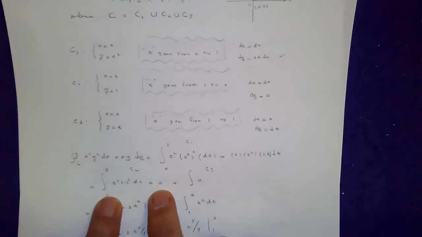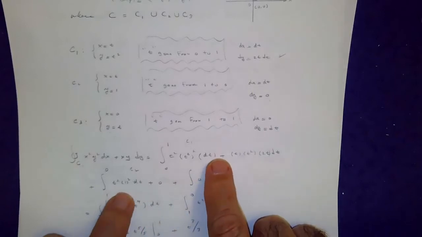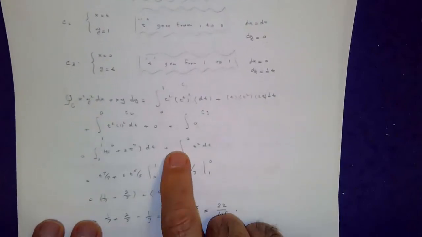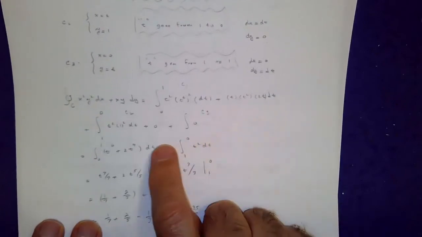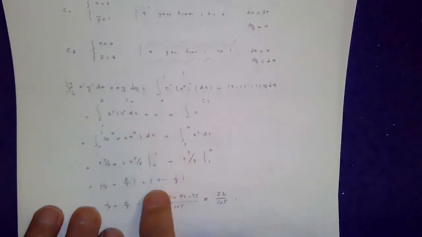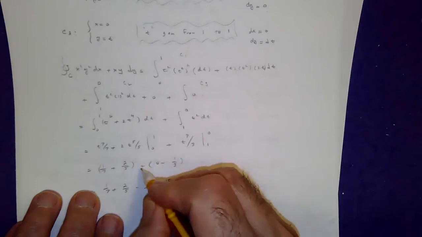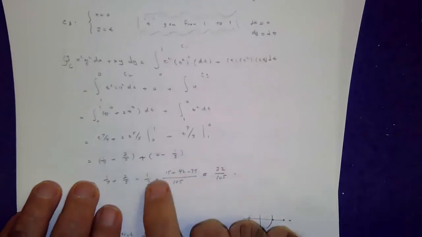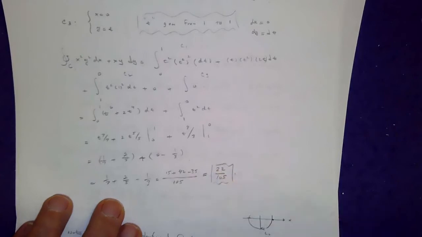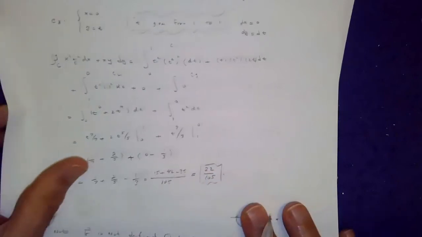So the line integral for C2 is 0. So all you get left is these two integrals. Evaluate those, factor out the dt, evaluate this, then evaluate this, add up the answers, and lo and behold, the answer is 22 over 105, correct?